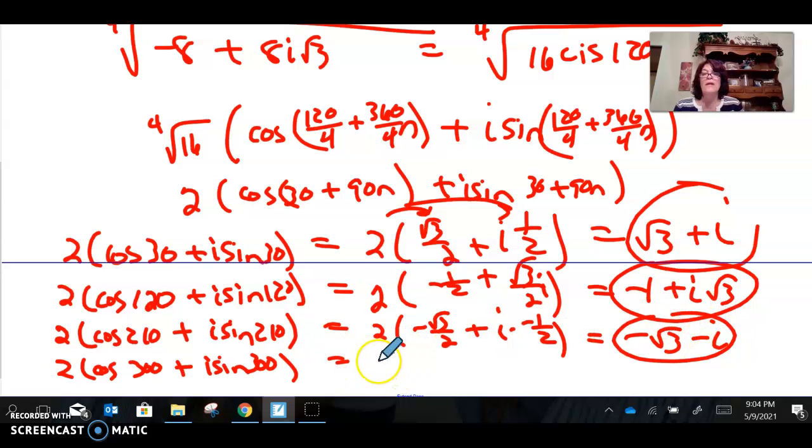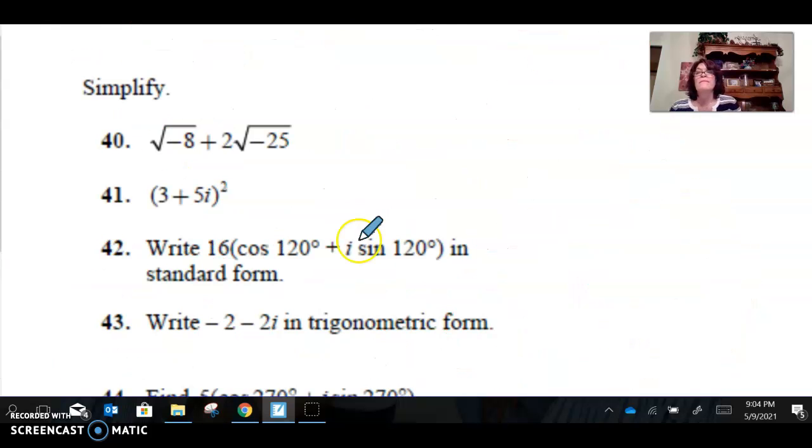And here, cosine of 300 degrees. I'm in the fourth quadrant, so cosine's positive, a half. Sine's negative, minus square root of 3 over 2 i. Distribute my 2 through, you get 1 minus i square root of 3. Those are the four fourth roots of this.